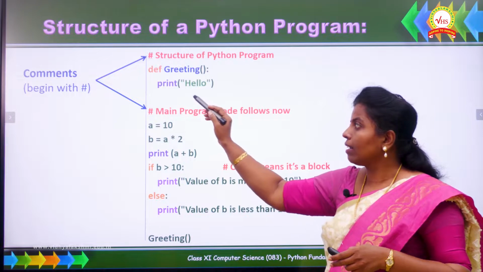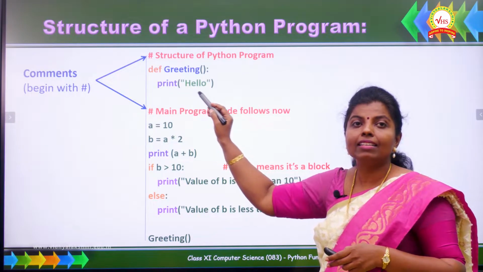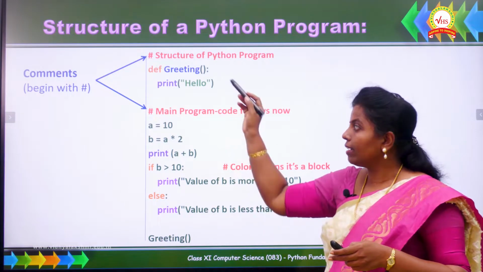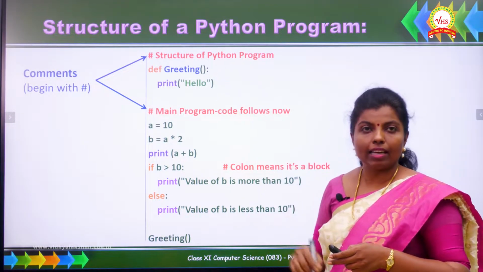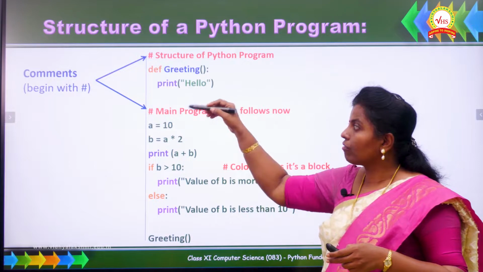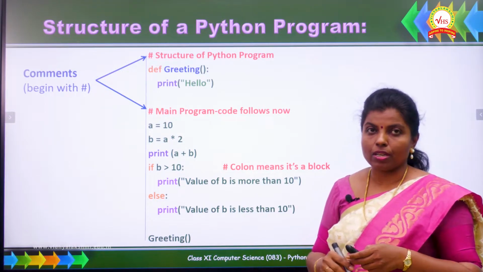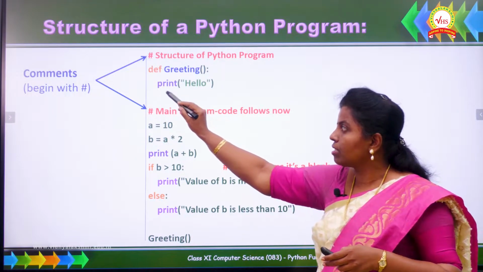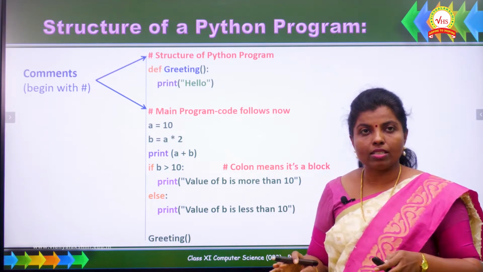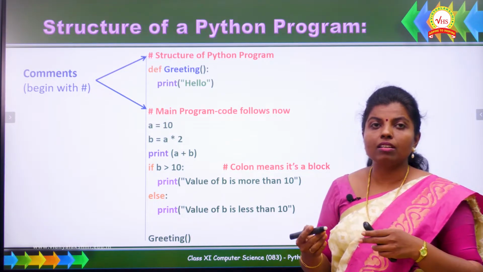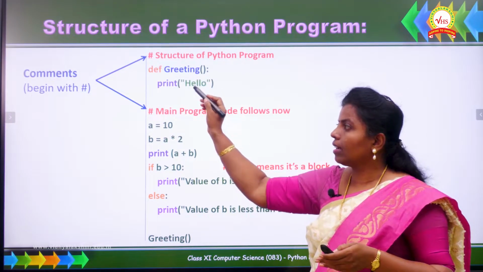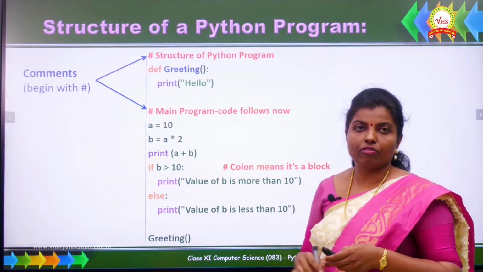Following the function header, we have indented statements. All the indented statements under the header are part of the header, and they are referred to as the body of the function. As this is a function definition, the body of this function is print hello. There is only one statement, but the function may have many statements. So, all the indented statements under the header are part of the function.